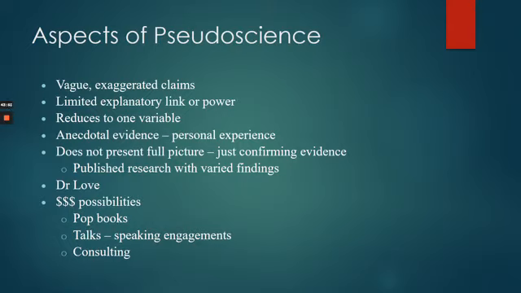In this first talk, an aspect of pseudoscience was not presenting a full picture. So if you remember the second talk, she says, yes, oxytocin is related to some of the things he said, but oxytocin is also related to things like in-group, out-group thinking, which is related to prejudice.